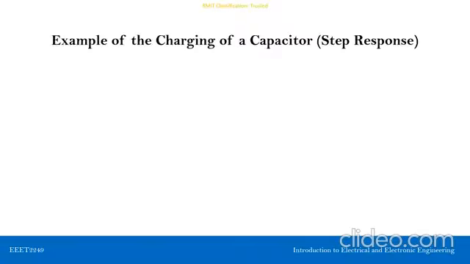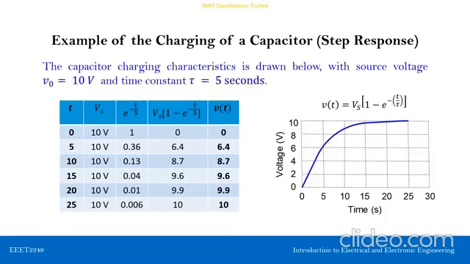Now we will take an example of the charging of a capacitor, which will be a step response. In this case, the capacitor charging characteristics is drawn below, same as the capacitor discharging characteristics, with source voltage V0 as 10 volts and time constant tau equal to 5 seconds.